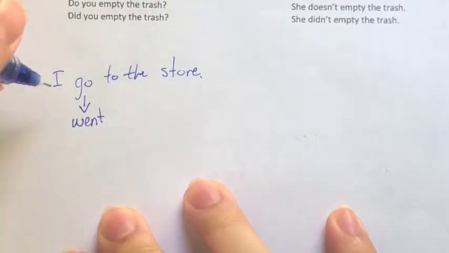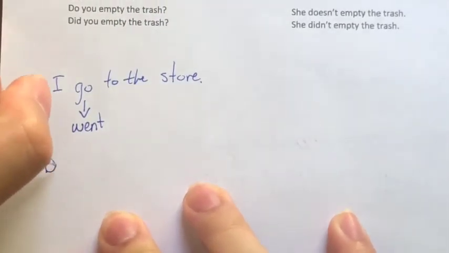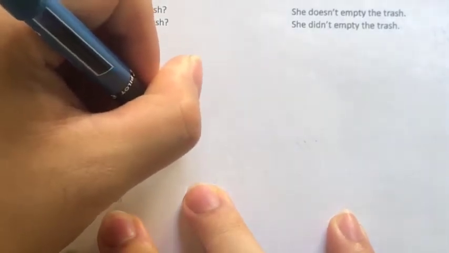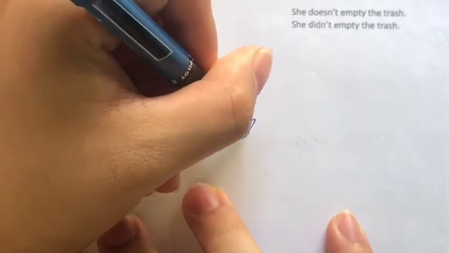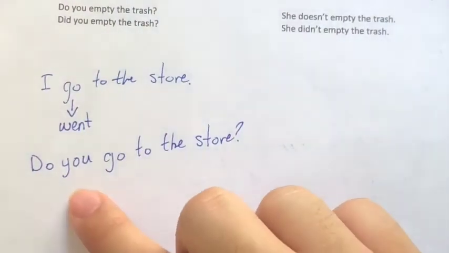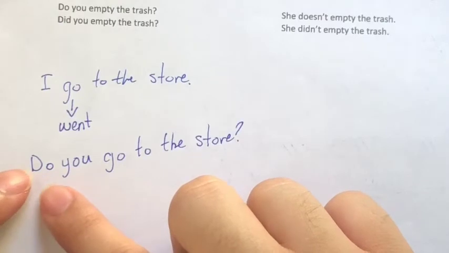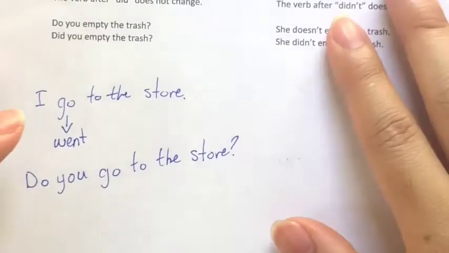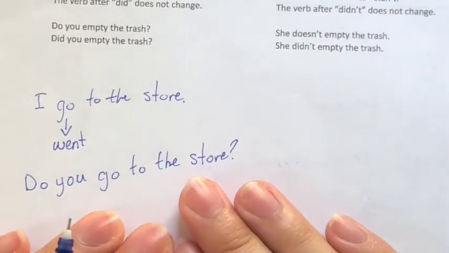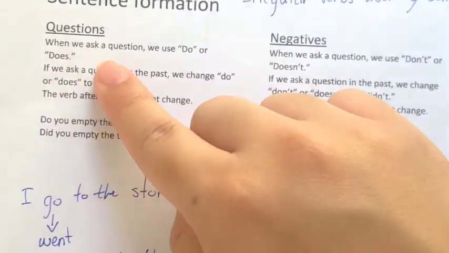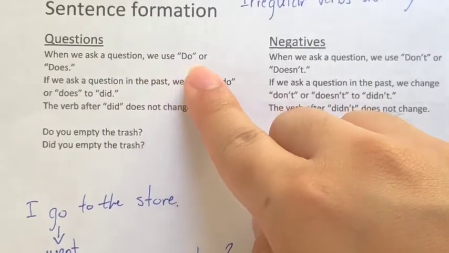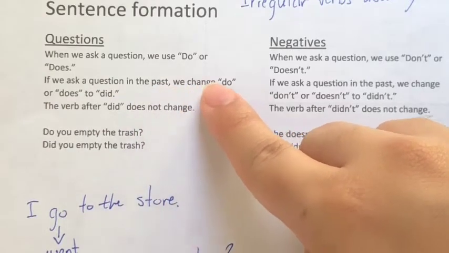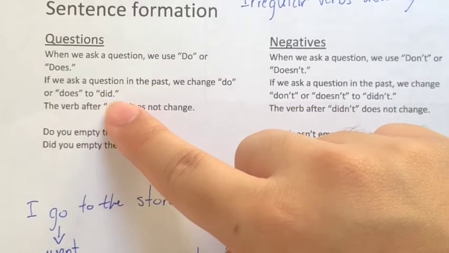But if we have a question, we ask, do you go to the store? When we have a question, we usually have the word do. Do you go to the store? Okay, so what do we do with this in past tense? When we ask a question, we usually use do or does. If we ask a question in the past, we change do or does to did.